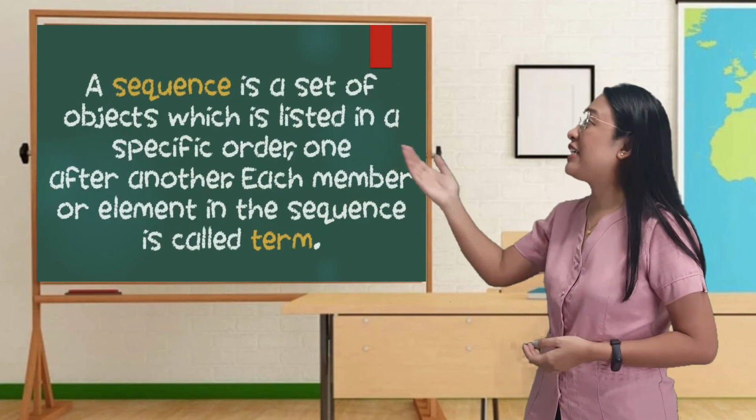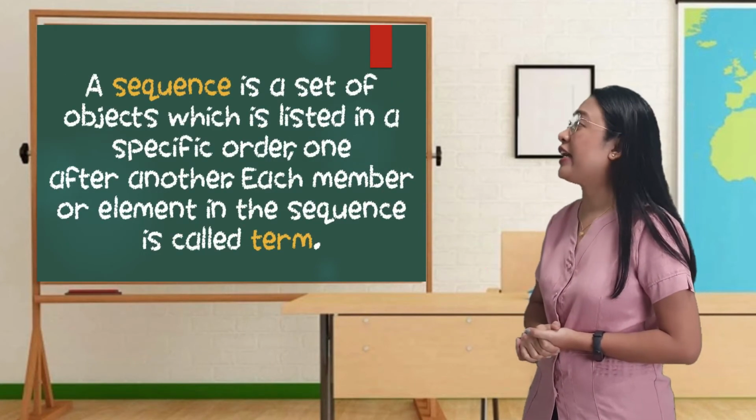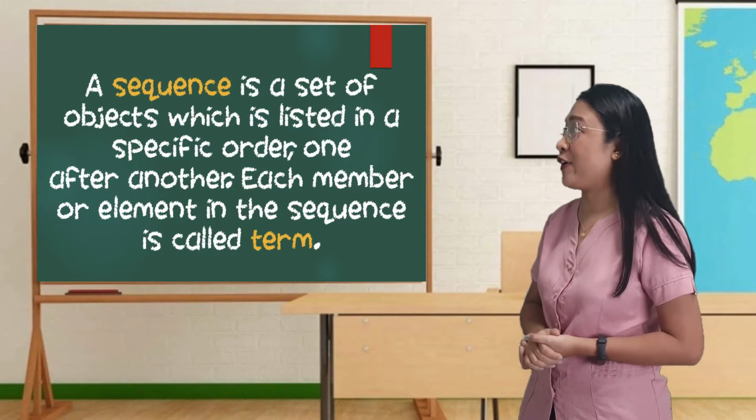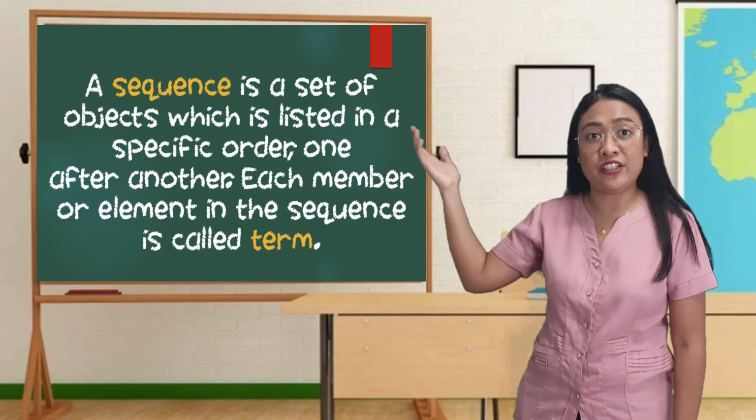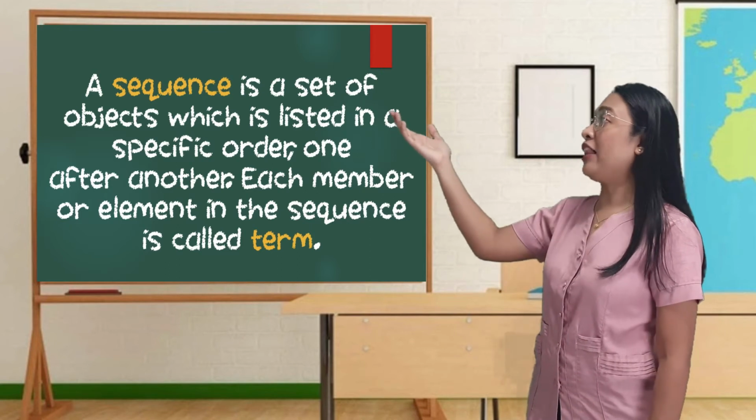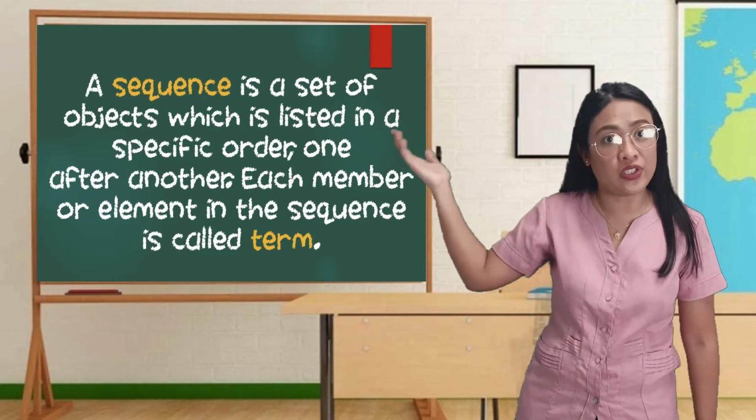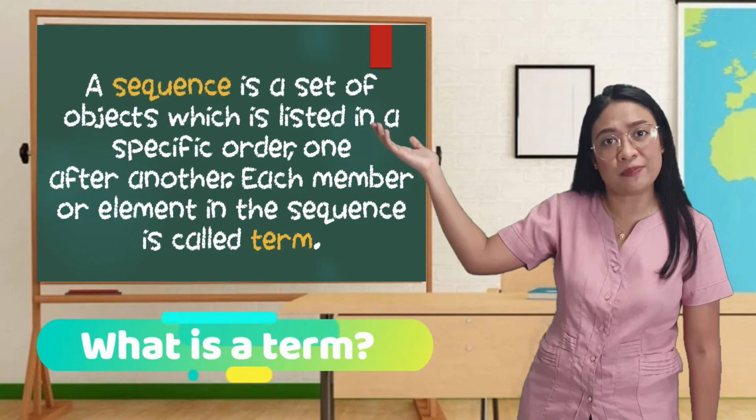A sequence is a set of objects which is listed in a specific order, one after another. Each member or element in the sequence is called a term. But what is a term?